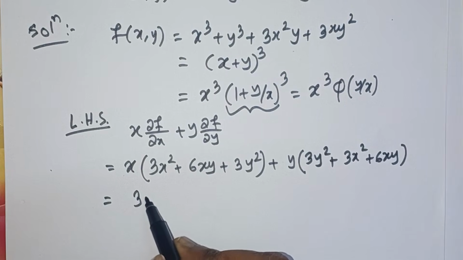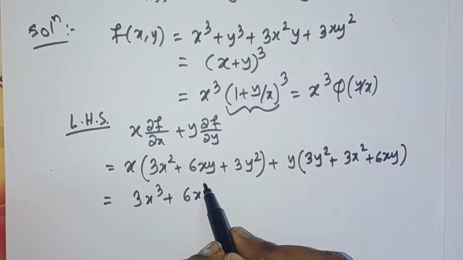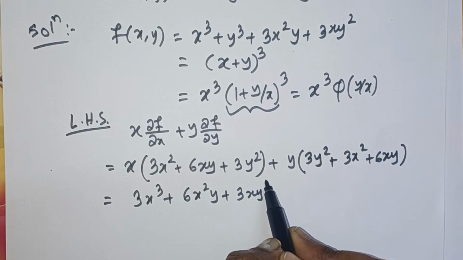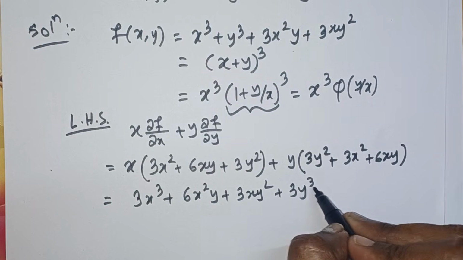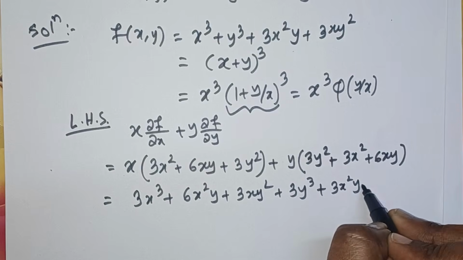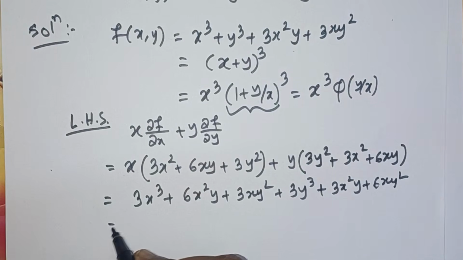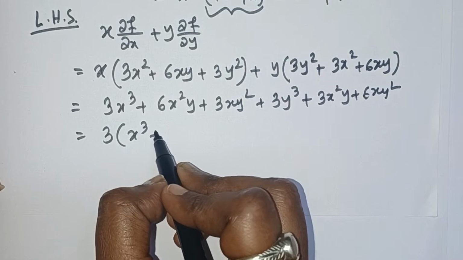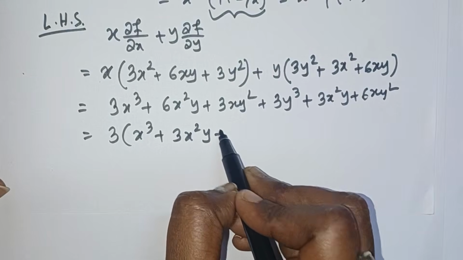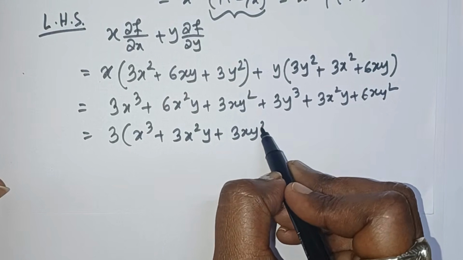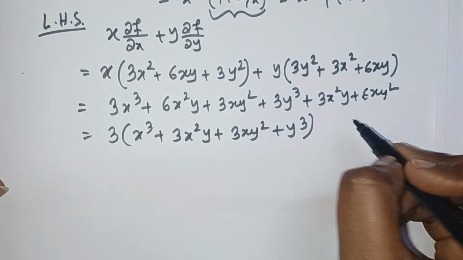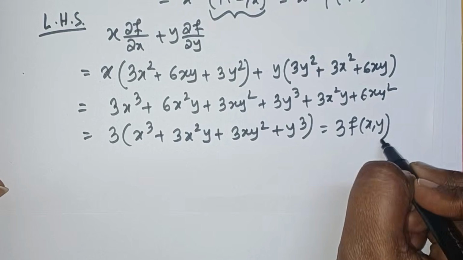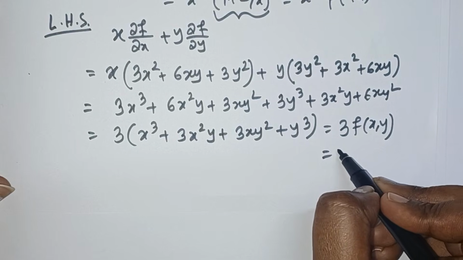Now this can be written as 3x cube plus 6x square y plus 3xy square plus 3y cube plus 3x square y plus 6xy square. So you can check that we can write this as 3 into (x cube plus 3x square y plus 3xy square plus y cube), that is 3 into f(x,y).